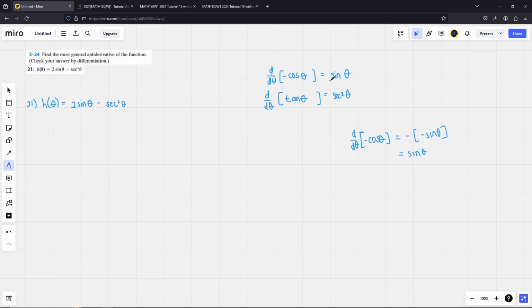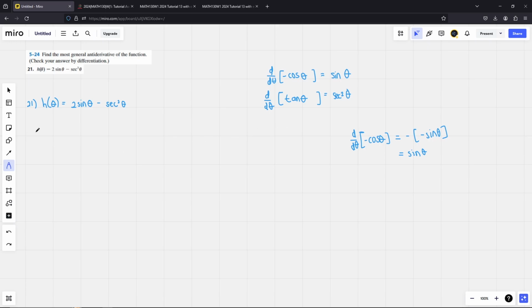So once again, derivative, antiderivative, derivative, antiderivative. So all we're doing is treating h as if it is a derivative itself. Okay? And then we're finding the antiderivative, or the original function, you could say.